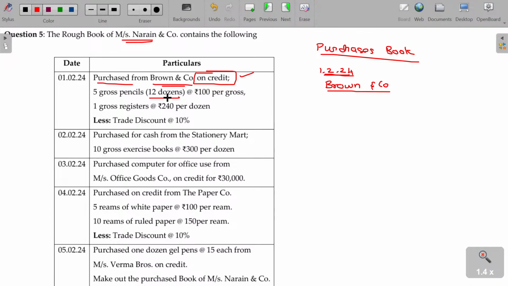5 gross pencils, 12 dozens at rupees 100 per gross. 1 gross registers at rupees 240 per dozen, and trade discount is also there. So what item is purchased here? Pencils. 5 gross pencils, and 1 gross means 12 dozens.